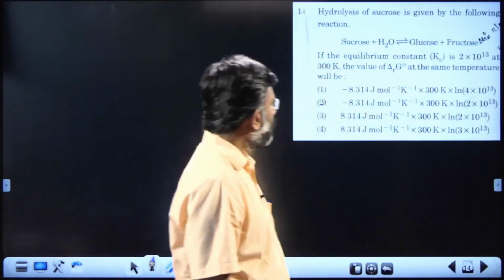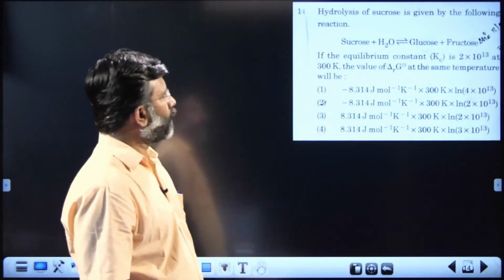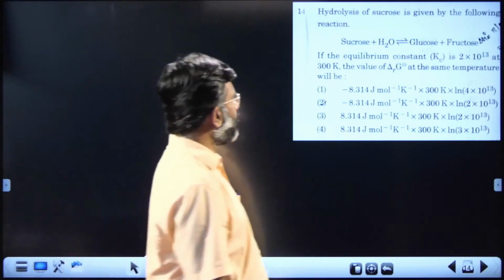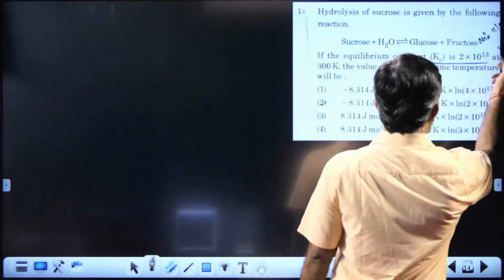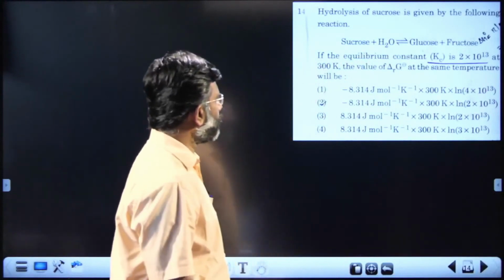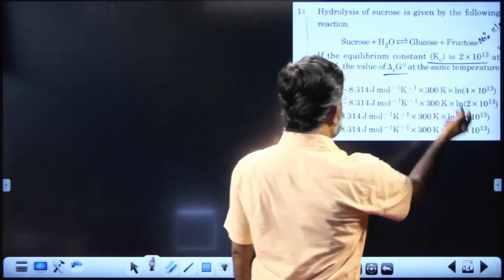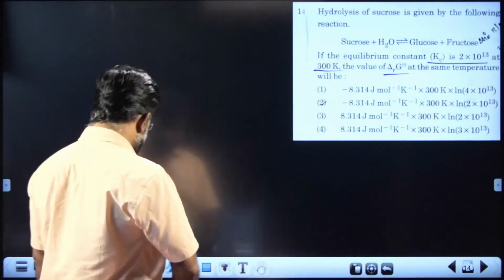14th question. Hydrolysis of sucrose is given by the following reaction. The equilibrium constant is given as 2 into 10 power 13. Temperature is given as 300 Kelvin. Find the value of delta G naught.